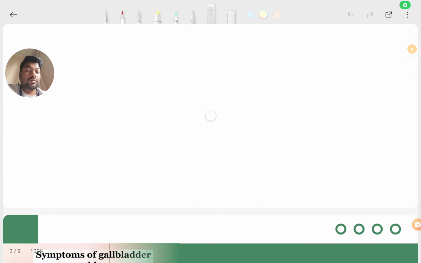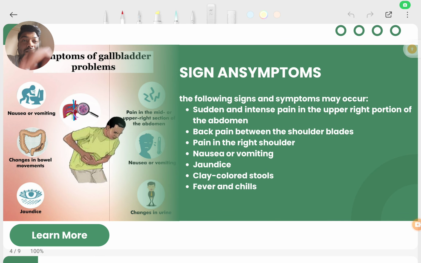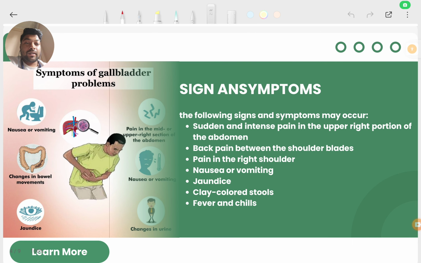Now let us talk about the different signs and symptoms that occur due to gallstones. The very first one is sudden and intense pain in the upper right portion of the abdomen.